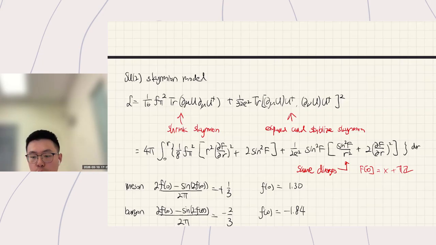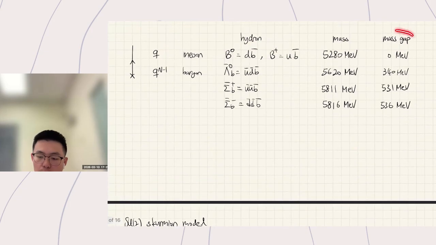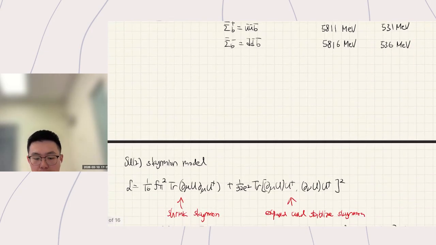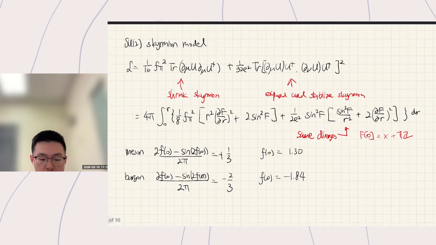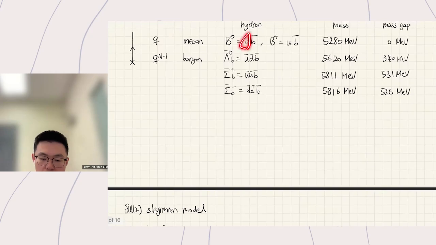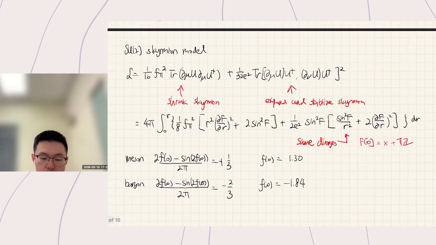And that is the number that presumably can be compared with an actual mass gap. This is what I've done here. We can consider meson configurations where it will just attract a single light quark. That means we want to find the solutions to these equations with 1/3 on the right-hand side.